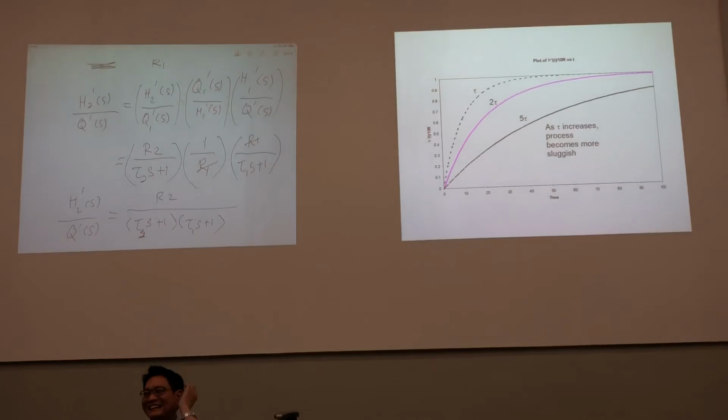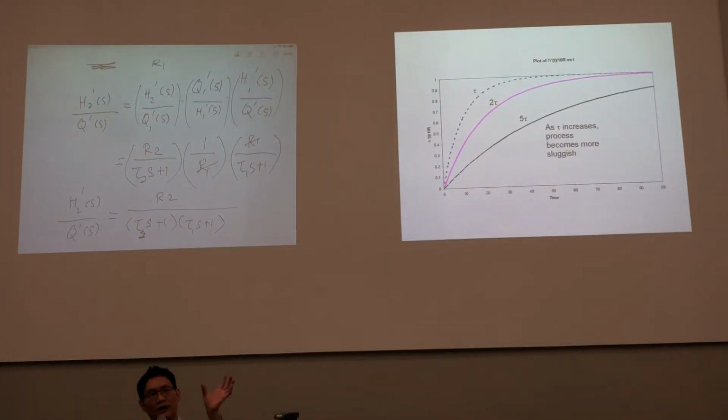So what you need to take away from today's lesson is there are three important properties of the transfer function. First one is what is K, the steady state gain, right? That's derived from the first transfer function.